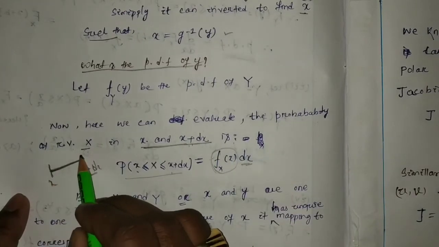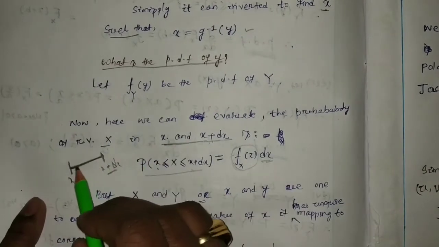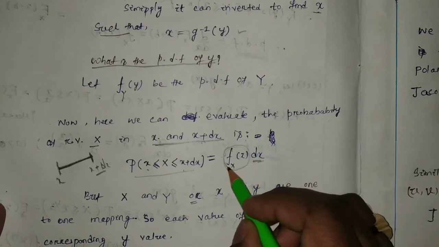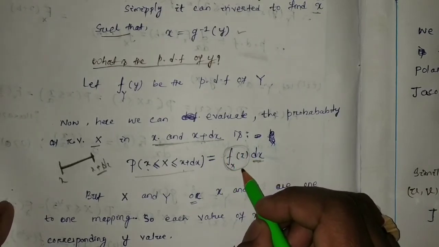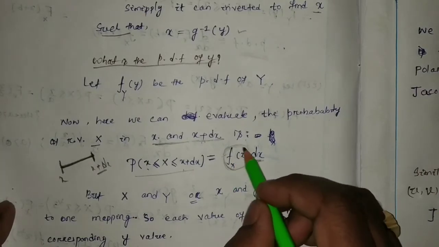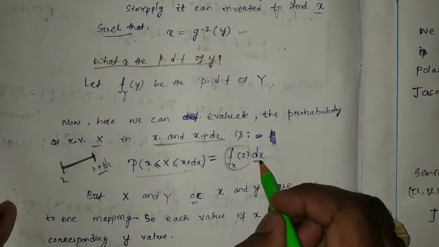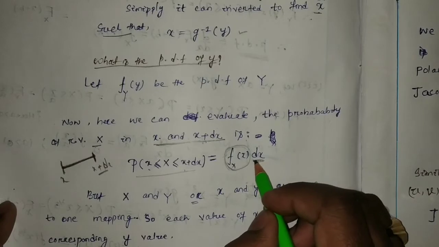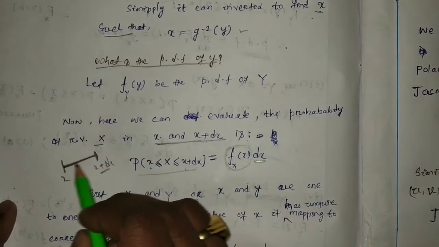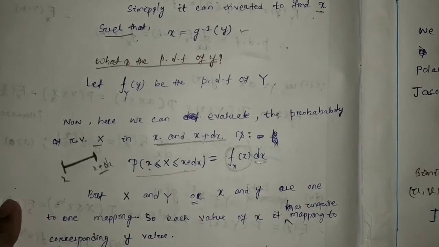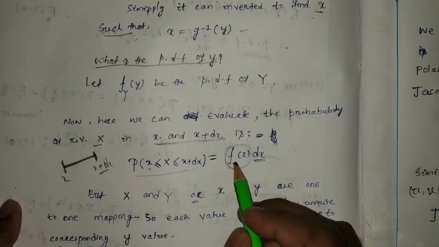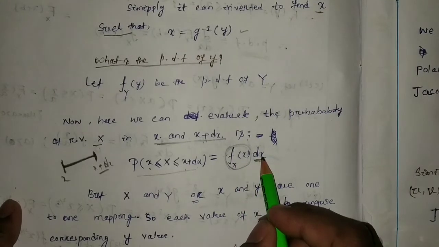If we consider one dimension, per unit length, this is the probability; it represents the probability density function. So in this length between x and x plus dx, the probability is the probability density function into that length.